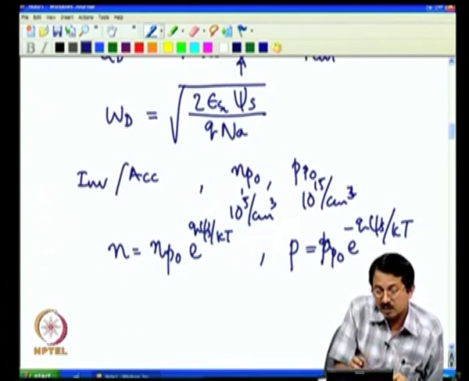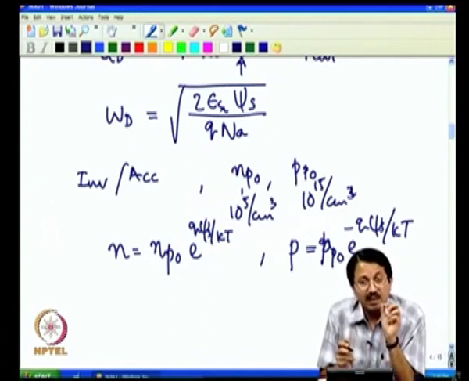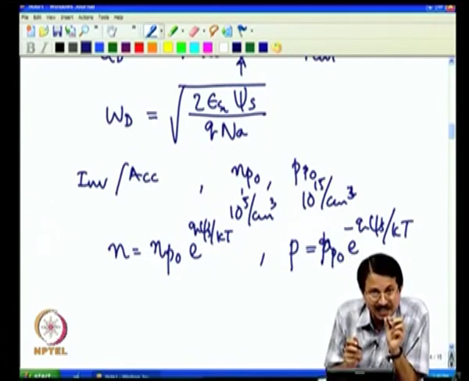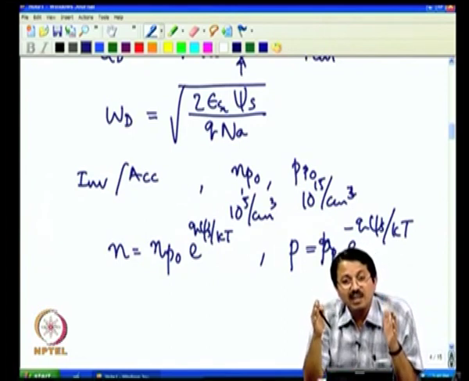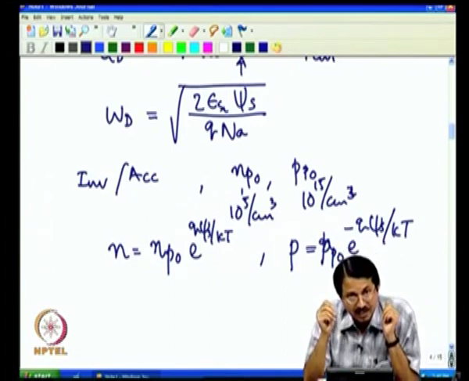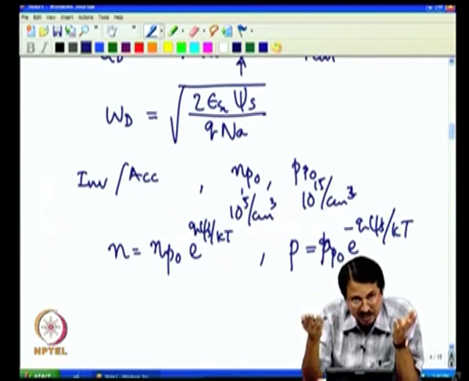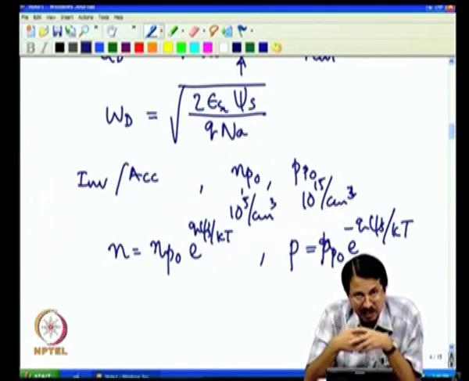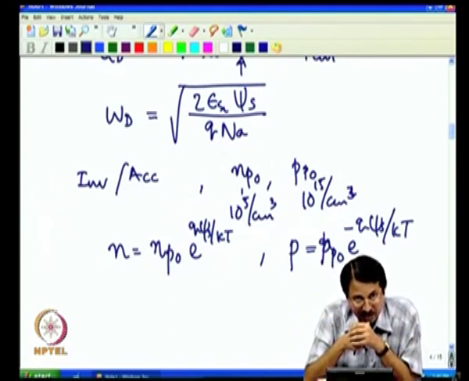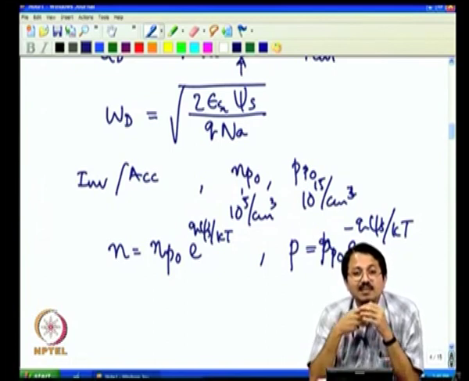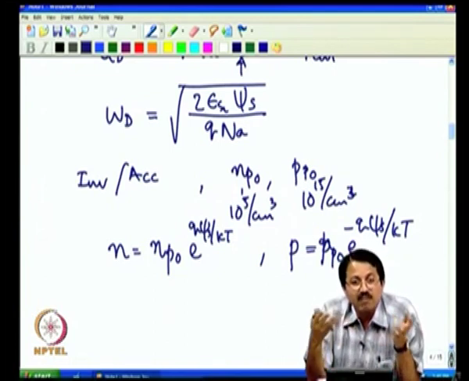Inversion charge is an exponential function of these two. What does it mean? A very small change in psi s results in a very large change in Qs. That is what we mean by exponential function, as opposed to a square root function that we had in depletion. In other words, we say that the silicon capacitance is almost infinite.